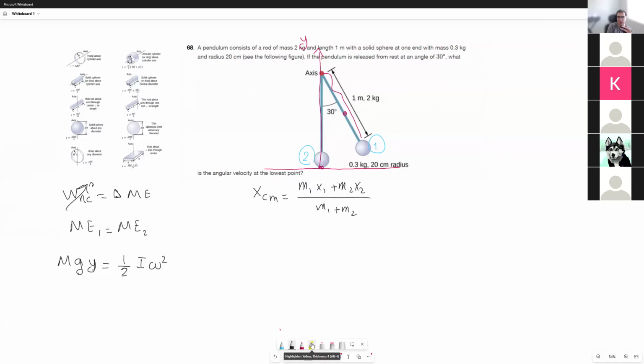Okay, so how do I proceed, guys, then? I want to find out the position of the center of mass of a rod with length 1 meter and a sphere at the end with a radius of 20 centimeters, mass of 0.3 kilograms.